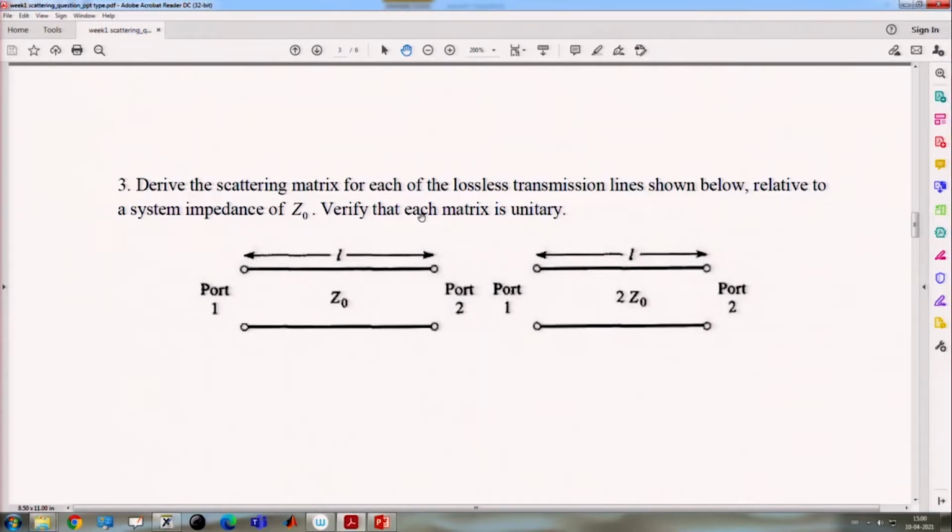First we will go to the first problem that has characteristic impedance Z naught.